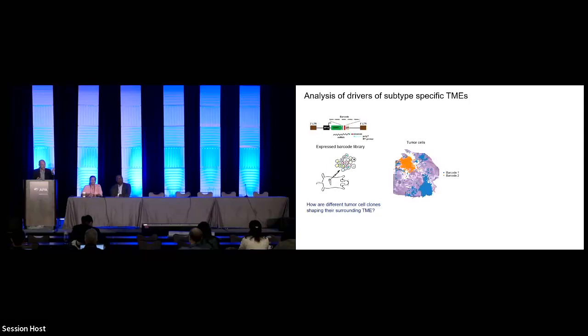What we can also do with these models is to look at clonality versus plasticity, because we don't know, for example, in tumors that harbor 2 or 3 states, classical as well as mesenchymal, whether it is plasticity or more clonality. By using single cell barcoding with expressed barcodes, we can read out these barcodes.